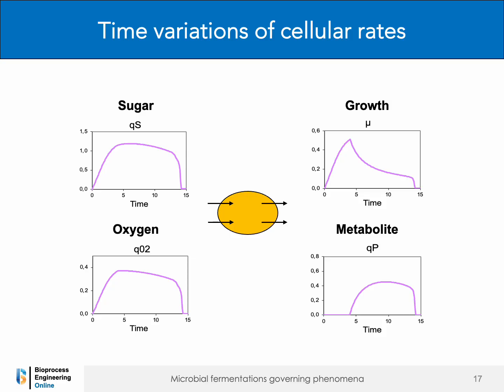In some cases, particularly with non-growth associated products, a specific production rate may increase upon induction, triggered by factors such as nutrient limitation, temperature shifts, or chemical inducers. Variations in cells' specific rates are caused by changes in medium composition, temperature, or medium pH.